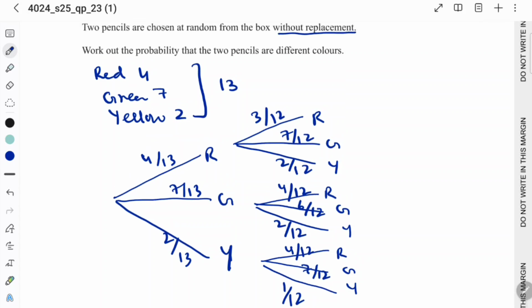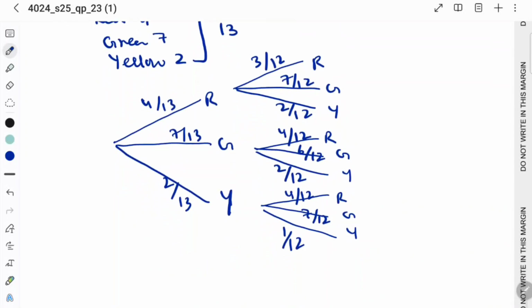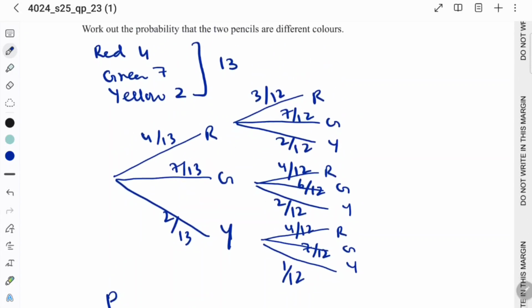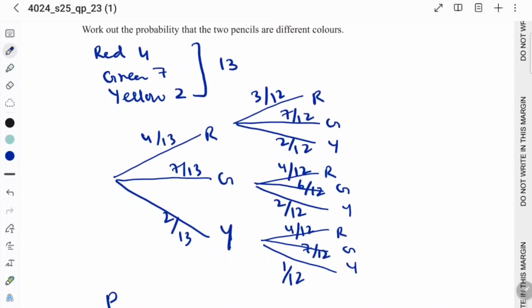Okay, so this is given. Work out the probability that two pencils are of different colors. So that will be a lot. Why not we find the probability of the same color and then subtract from 1. For different colors it means red-green, red-yellow, green-red, green-yellow, yellow-green, and yellow-red.